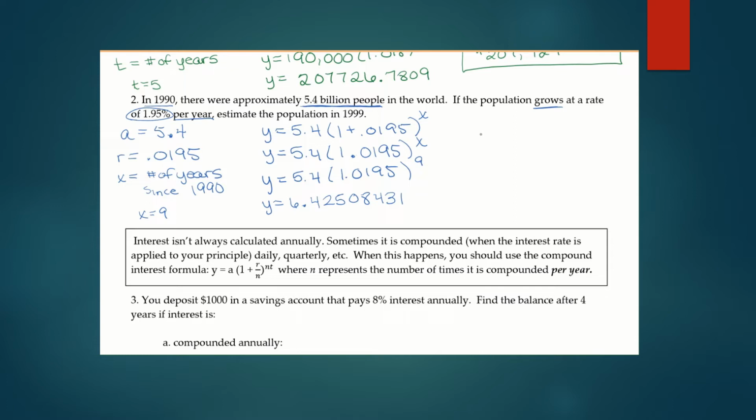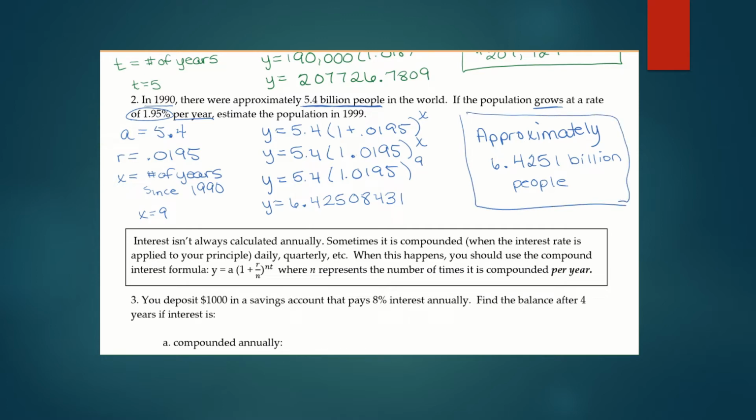We'll say approximately 6.4251, and remember this is actually billion, not million, but billion people in the world.